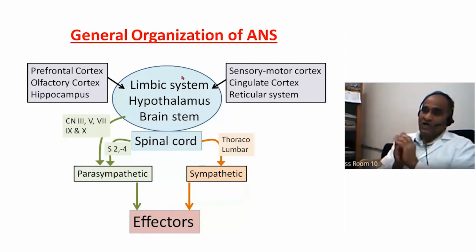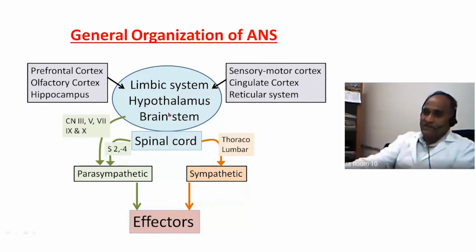Some emotions make you become aggressive, in that adrenergic activity is more, or you cool down, or you are just depressed. That means parasympathetic activity is dominant, something like that. It is because of the amygdalar excitement. The limbic system governs the hypothalamus. Through the hypothalamus, it will govern all this brainstem and spinal cord activity.